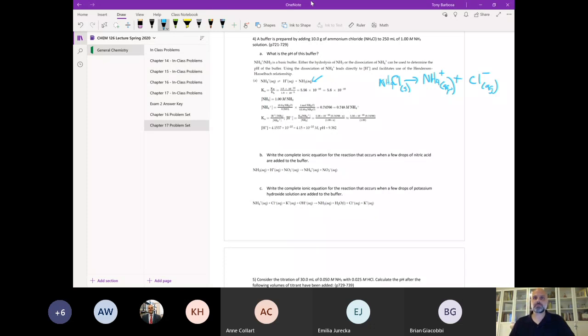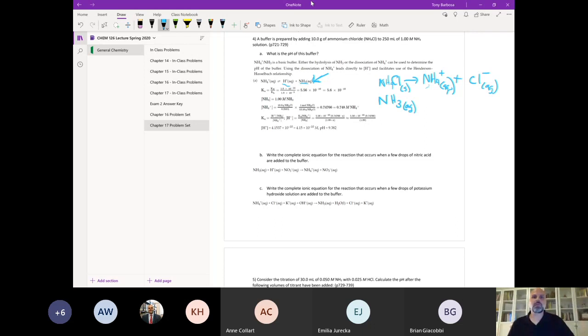Then you're also going to be adding ammonia, NH3, an aqueous solution. So you're adding the ammonium ion plus the ammonia. Your buffer solution is what's shown here, where you have the ammonium ion in equilibrium with the protons and ammonia.